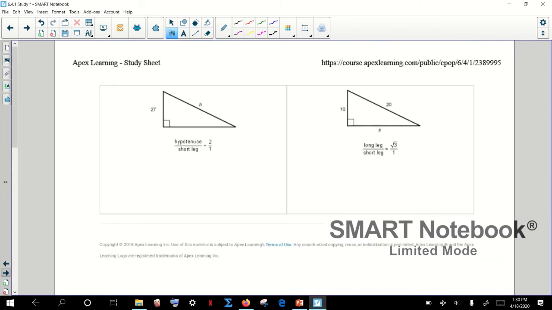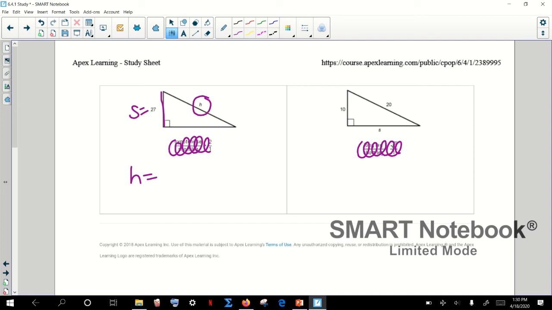A couple of problems. So here's our 30, 60, 90 triangle. What side is this? This is going to be our short side, so let's call that S. And we want to find the hypotenuse. Again, I'm not going to use the proportion method. If that makes sense to you, feel free. I just like using the pattern.